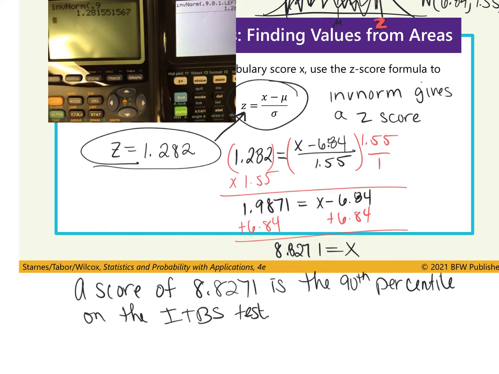This is the score. 8.8271 is the score that represents the 90th percentile. So if you scored 8.82 on that test, you scored better than 90% of the students that took that test, right? That's what a percentile means, right? You scored better than 90% of the students in 7th grade in Gary, Indiana. Okay.